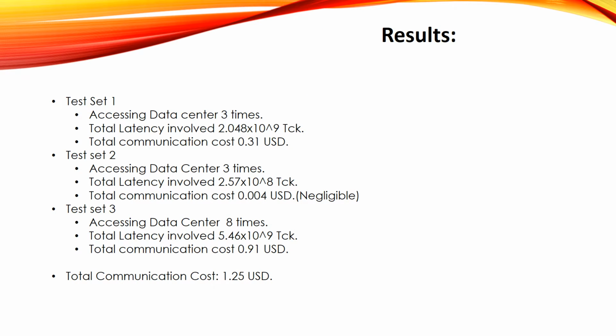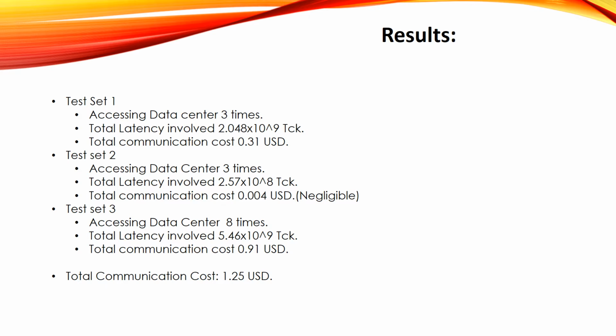Here are the results for the latency calculations for the particular test sets. For test set 1, we need to access the data center thrice, and hence the total latency involved is this many clock cycles, and the total communication cost is 0.31 US dollars. For test set 2, we just have to access the data center thrice, and the total latency involved is these many clock cycles, and the total cost is around 0.004 US dollars, which is negligibly small and can be considered as zero.